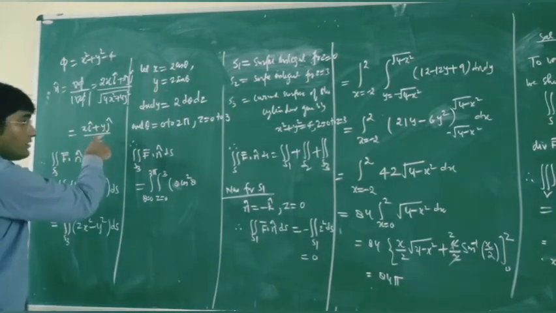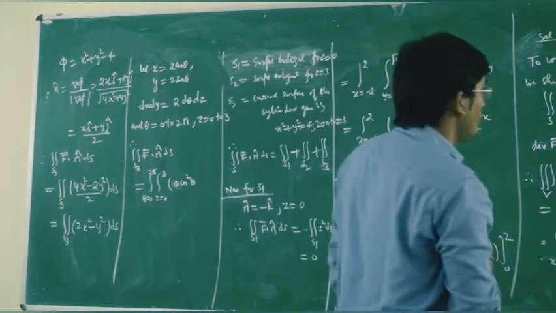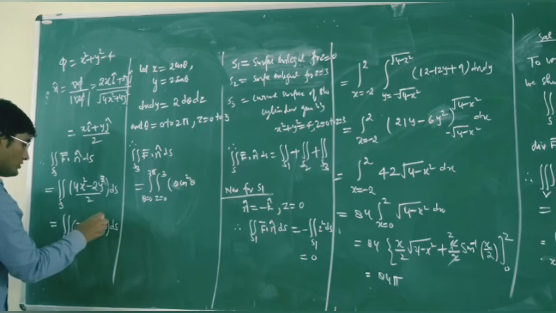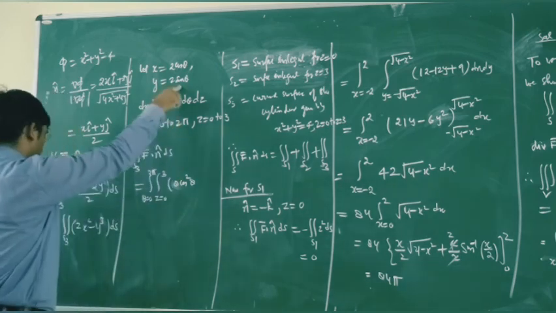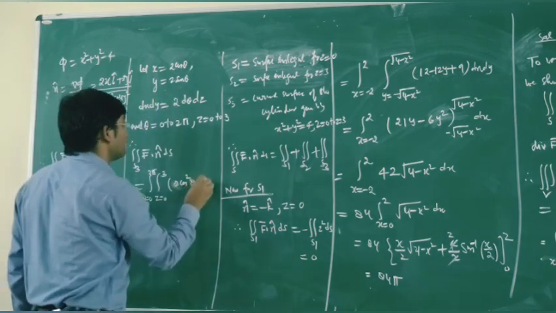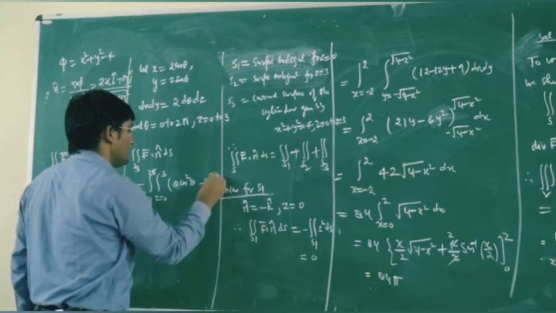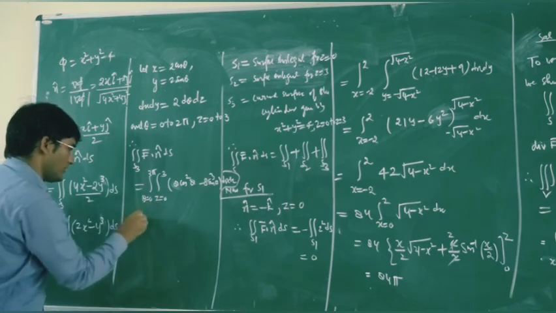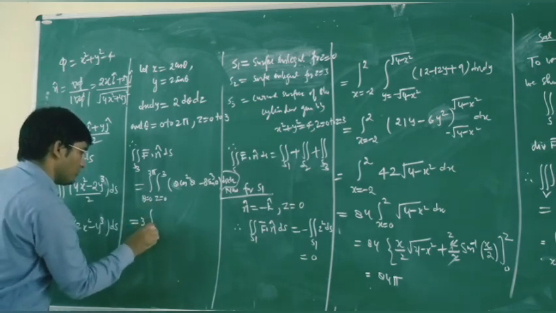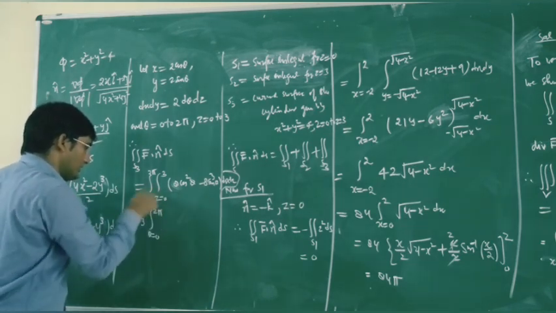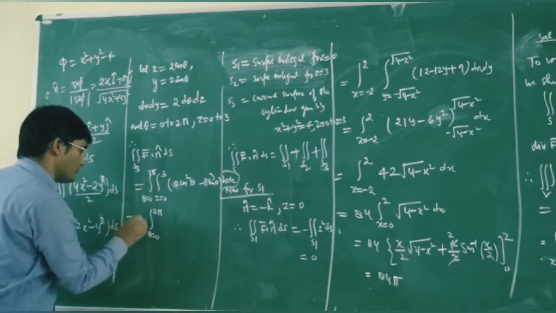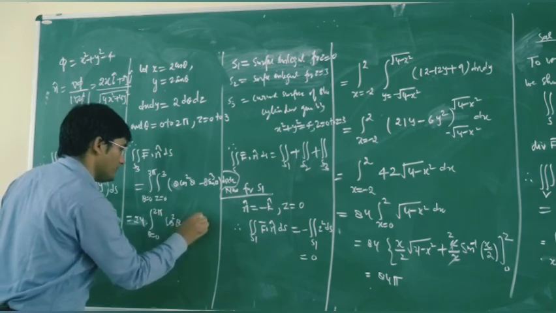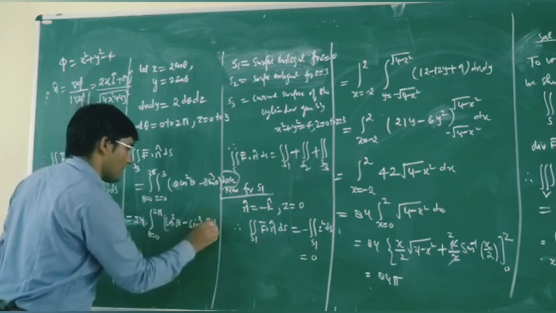We have one y here, so this will be 4 into 2 into y cube. Now your y cube will be minus 8 sin cube theta, and then we have d theta into dz. The integration of z will be 3, so we have 3, then theta from 0 to 2 pi. Now you can take 8 outside, so this will be 24. Then you have cos square theta minus sin cube theta into d theta.